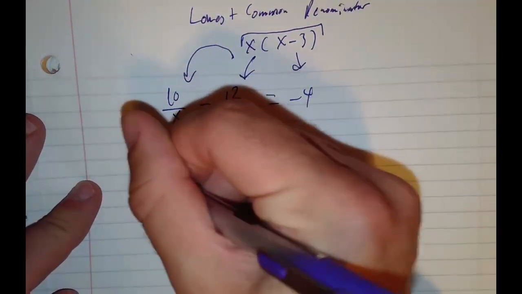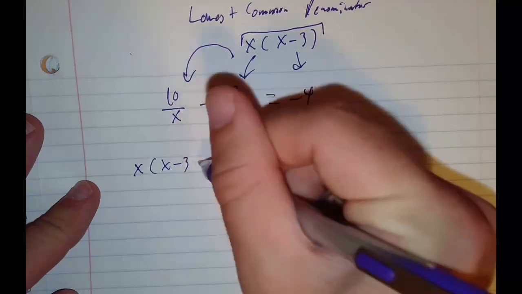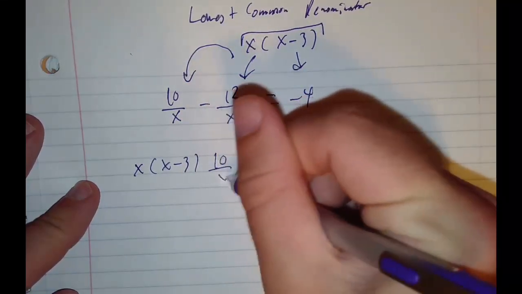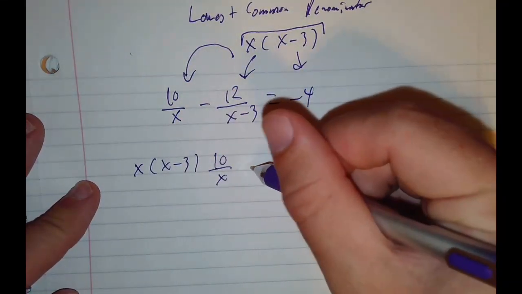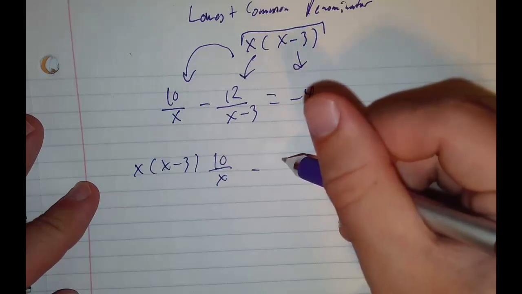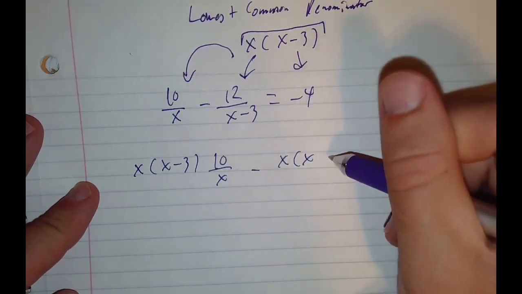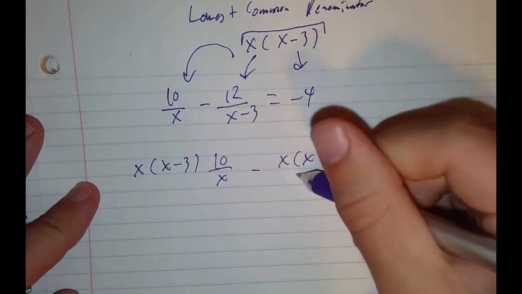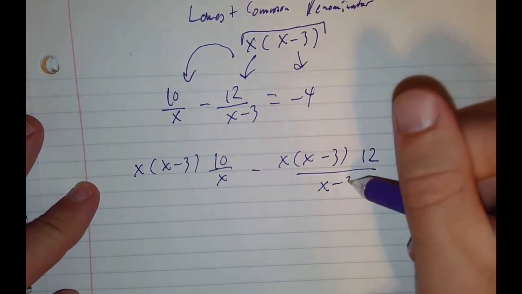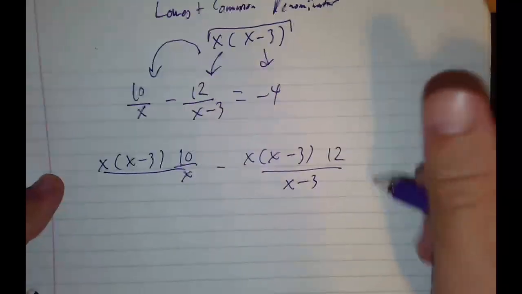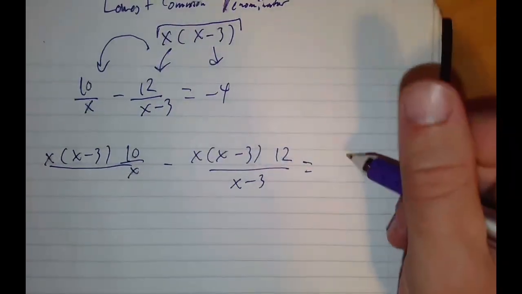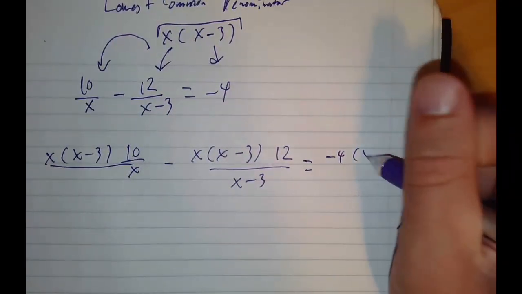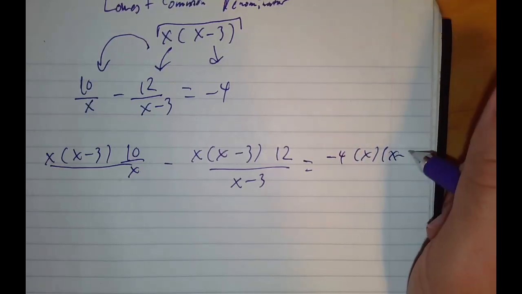We're going to have x minus 3 times 10 over x, minus x times 12 over x minus 3, and then we'll have equals negative 4x times x minus 3.